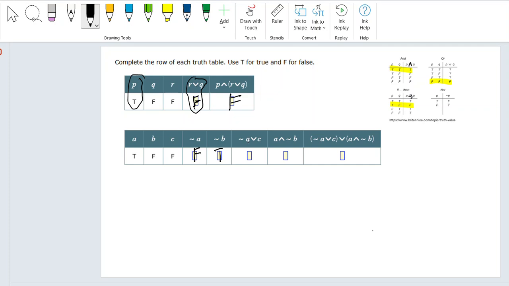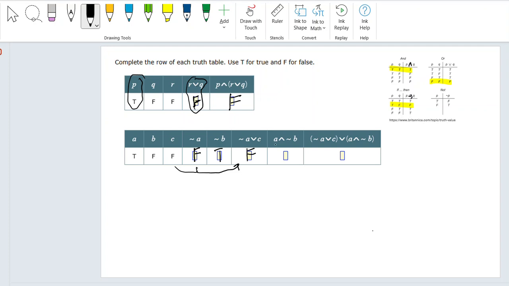The negation of A with or C, so this is this one and this one together, going to make this one here. So we have a C, which is false, and a not A, which is false. So we have false or false, and false or false is false.